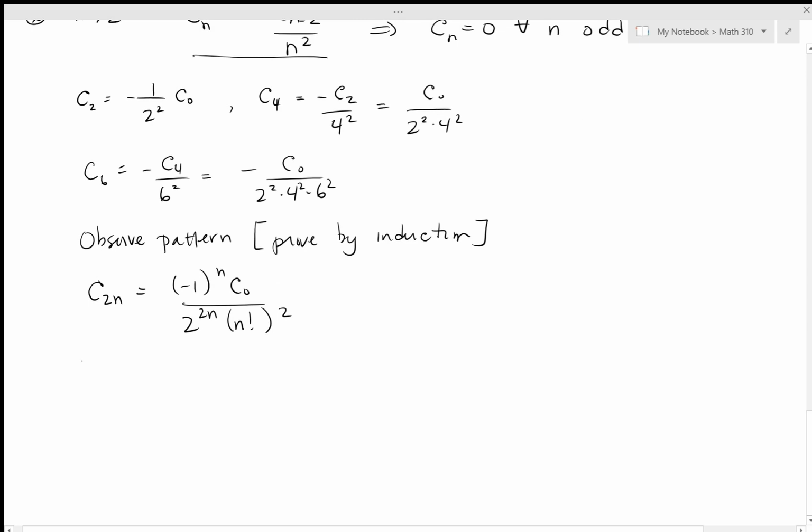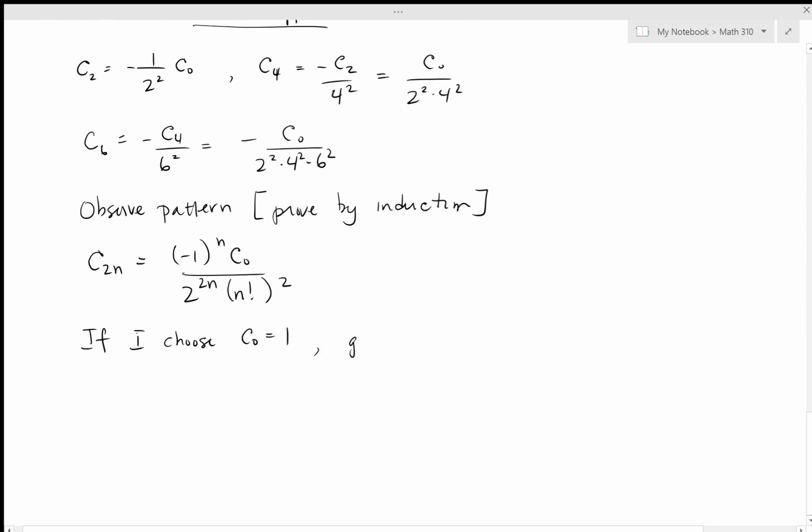If I choose C naught equal to 1, then I get this. I get a function, the Bessel function of order 0, which we denote in this manner: J sub 0 of x, the Bessel function of order 0, and it is equal to this.